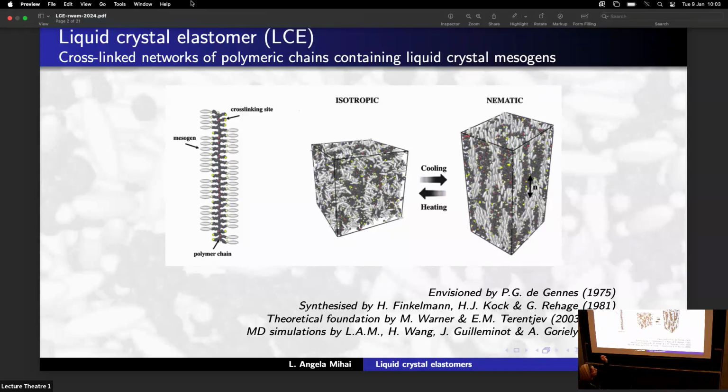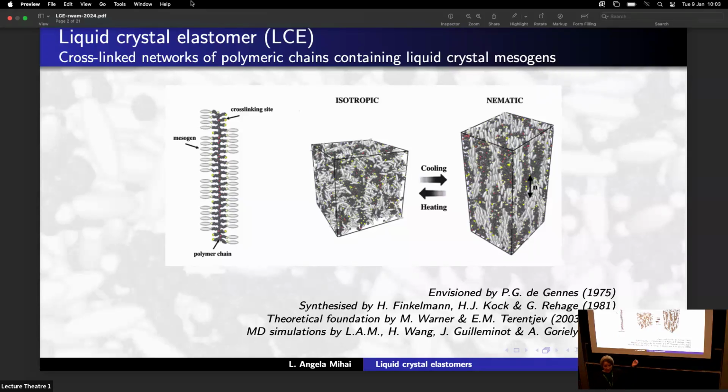What is shown here in these pictures are molecular dynamics simulations that we carried out a few years ago, just to show the structure, how the polymeric chains are cross-linked with liquid crystal mesogens. Here you see the phase transition under change of temperature.